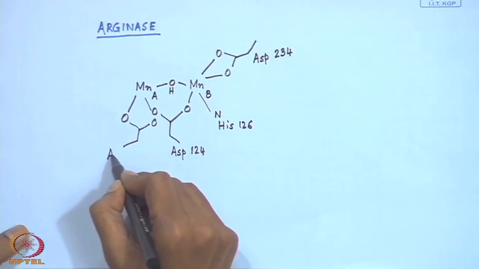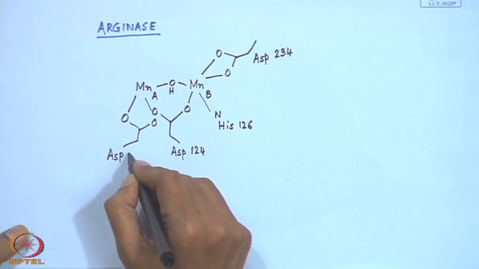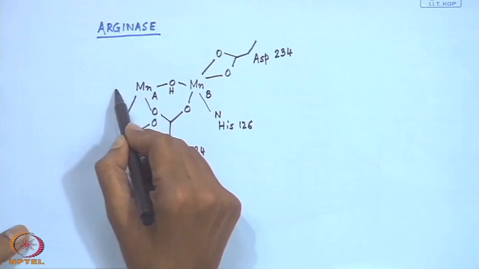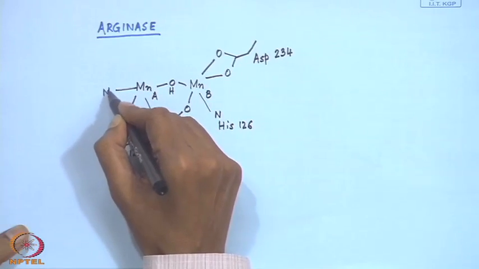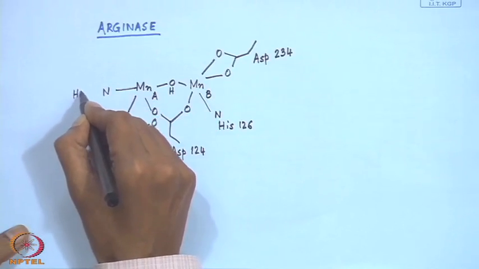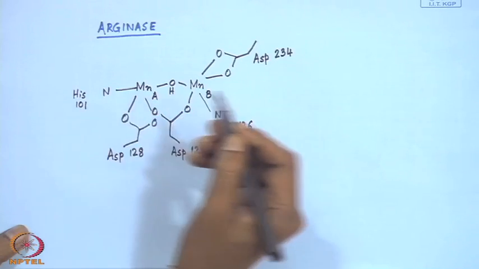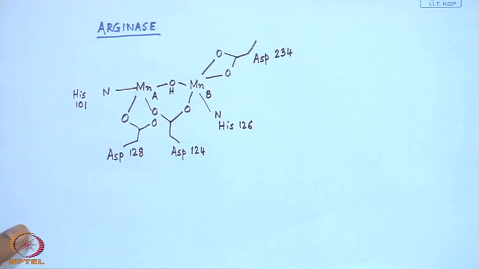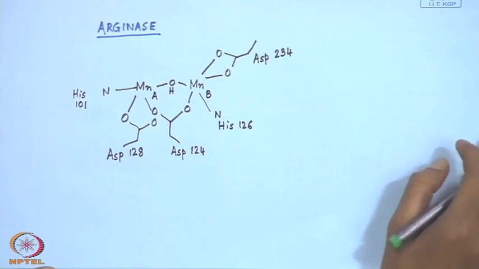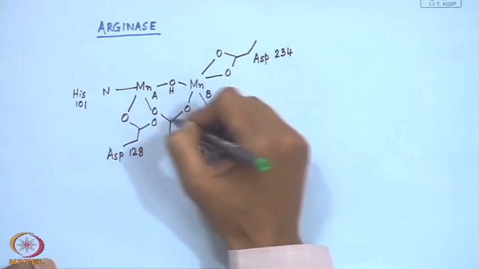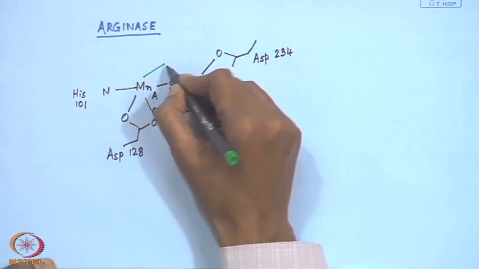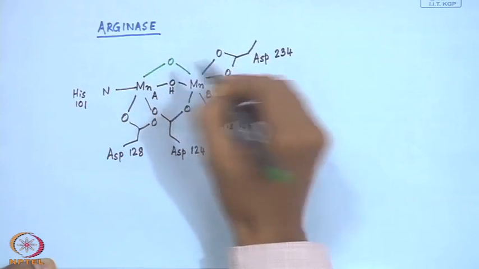This is also another aspartate. Now, this is much more distorted compared to your catalase active site. Now, you have this doubly bridging unit, and the triply bridging motif is completed.